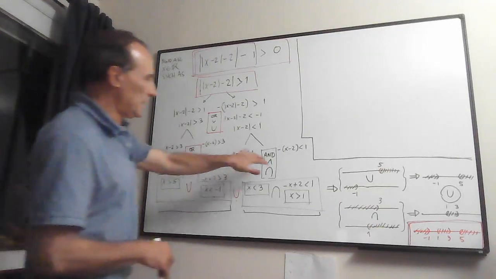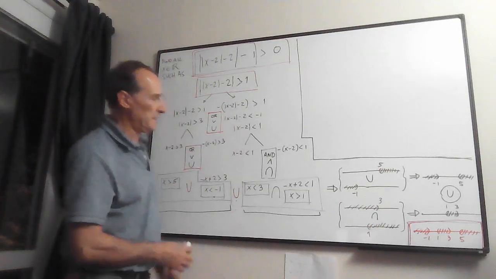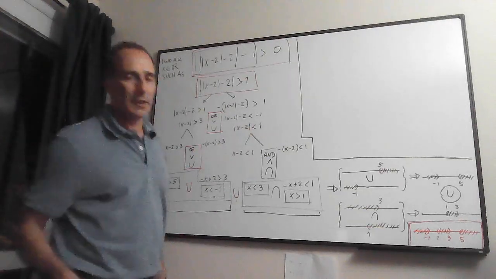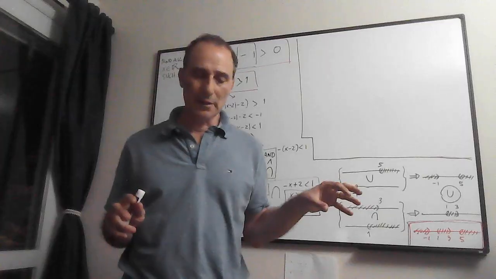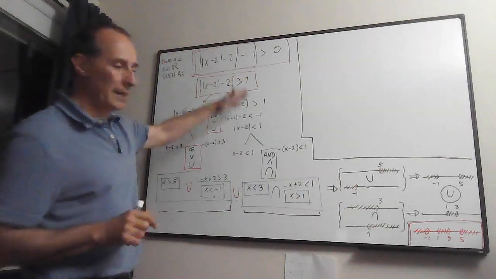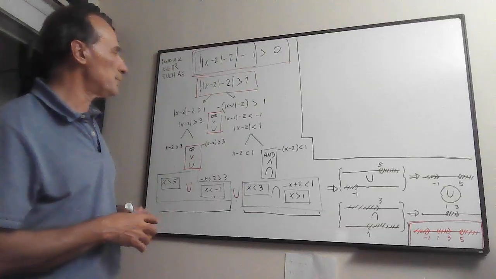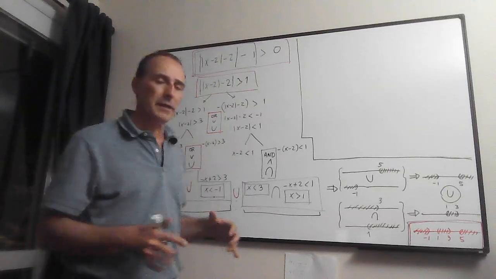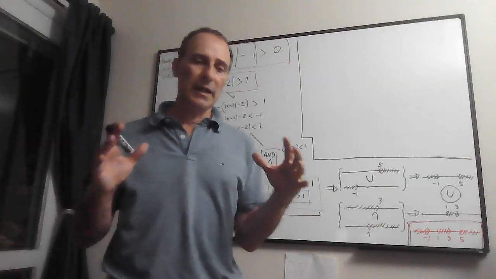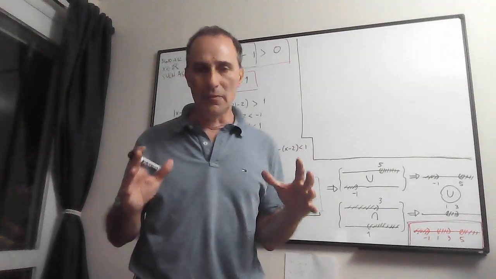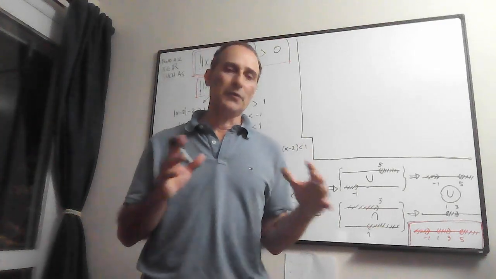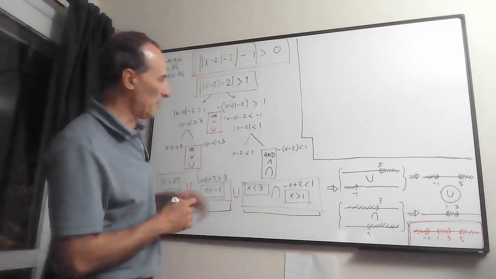Let's take a look at the second part of the original inequality, that is the absolute value of x minus 2 less than 1. Now you have a less than 1. If you apply exactly what you did before, in this case you have the intersection of two solutions. So only the x values that satisfy both conditions at the same time are the solution of this smaller inequality.